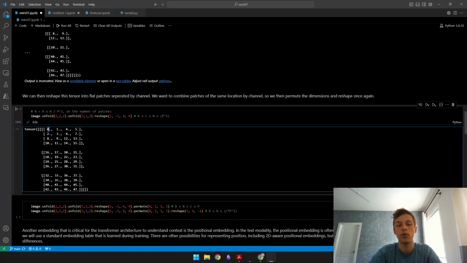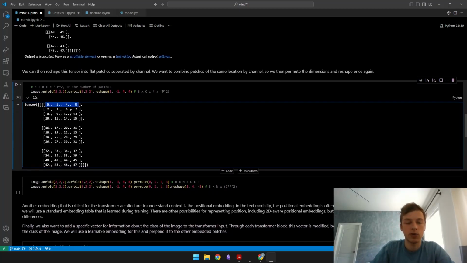So here now, for each channel, this would be one channel, this would be another channel, but we flattened the patches into a length 4 vector, which would correspond to 2x2 patches having a size of 4.